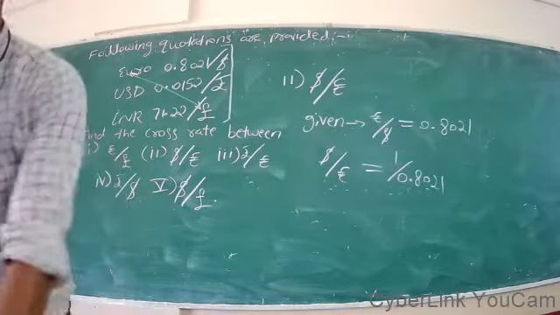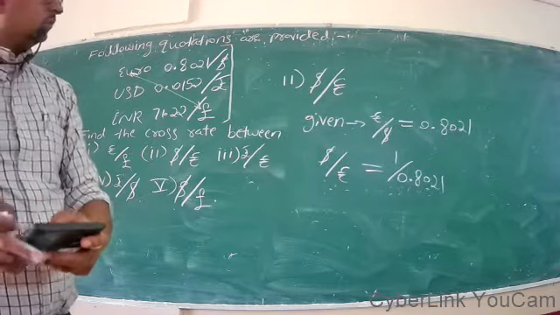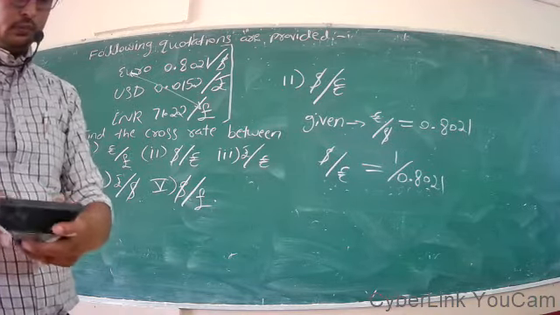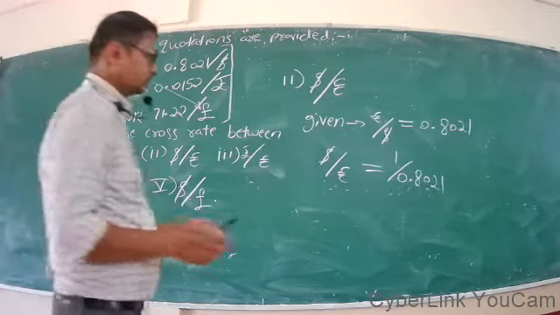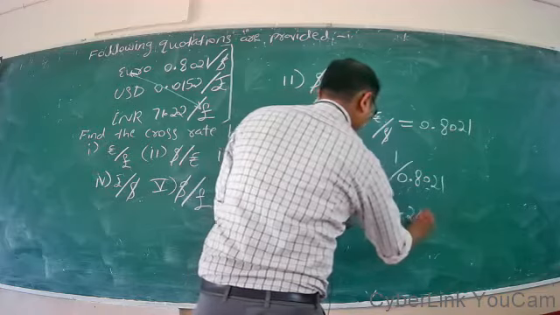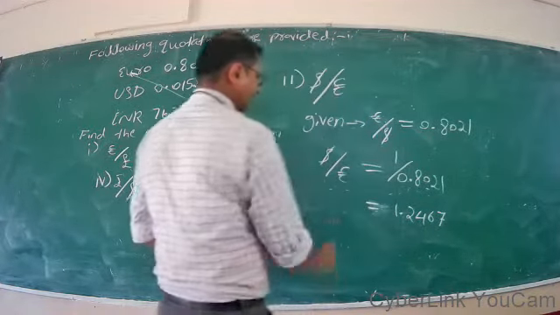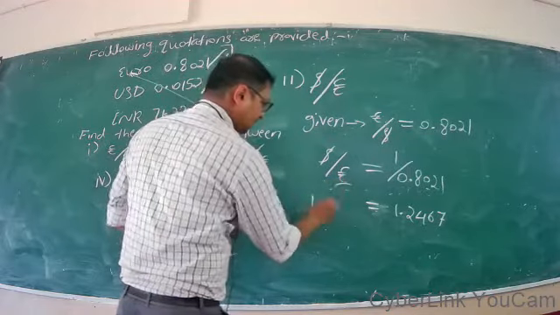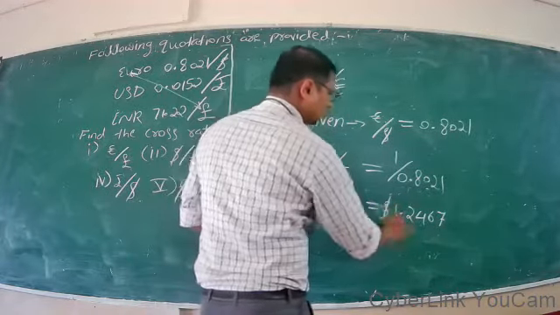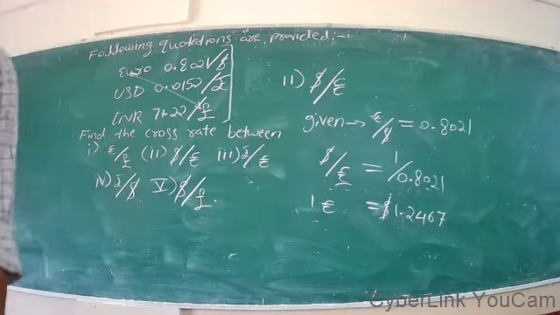So the answer will be 1.2467. That means, denominator per euro means 1 euro, dollar 1.2467, right?